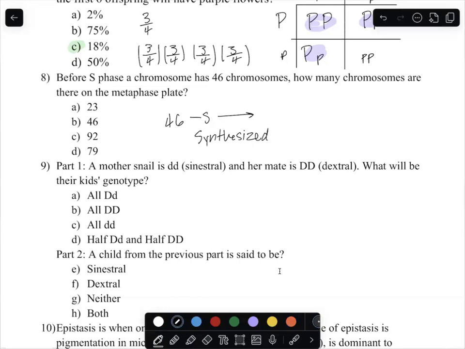And now what would we have on the, well, we got a couple stages to go, but what would be on the metaphase plate? So the answer to that is 92, because it would be double the 46, because here during synthesis you doubled them. Okay.